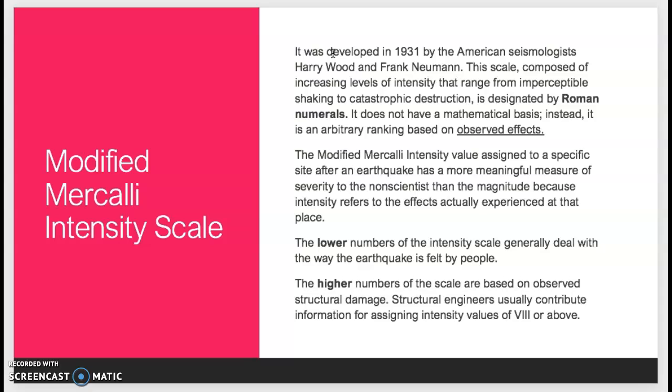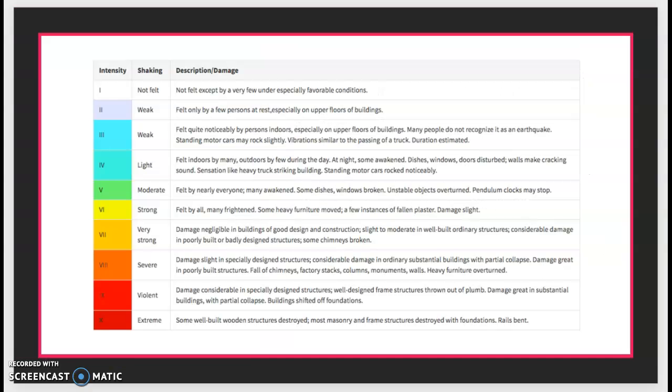Okay, so it just depends on how the people feel the earthquake. And here's a scale that kind of goes along with that. Like a 1 to a 4 are not really felt. When you get into 6, 7, that is whenever people are having major damages. So you can look up the modified Mercalli scale if you wanted a little bit more information on that.